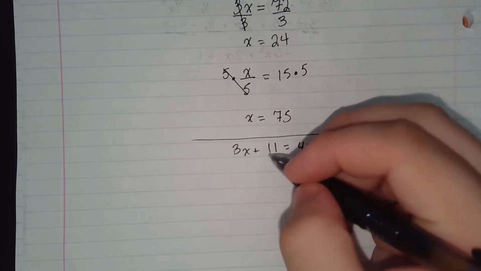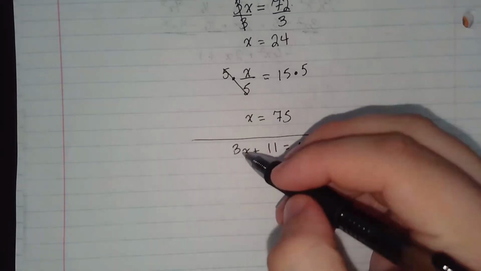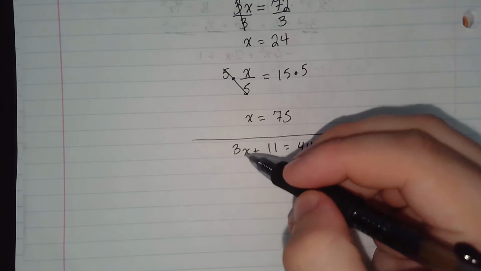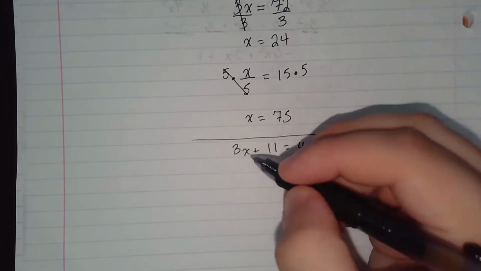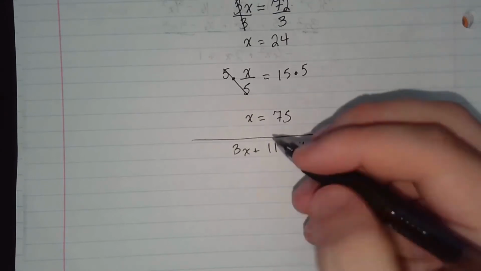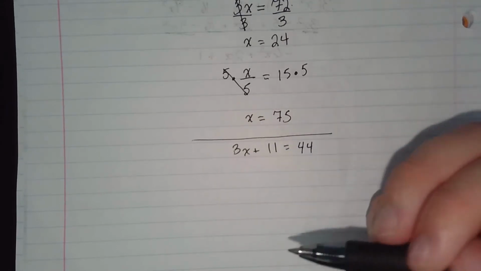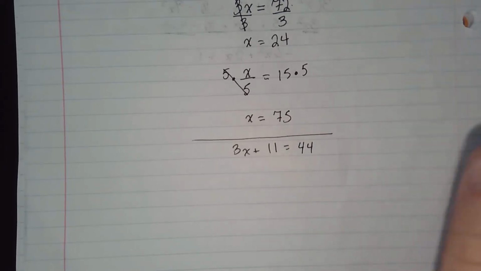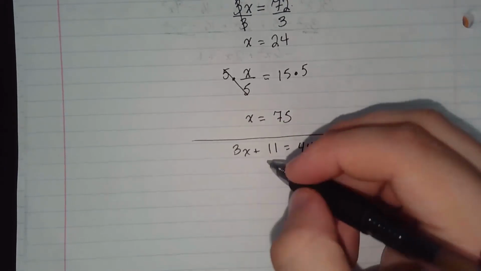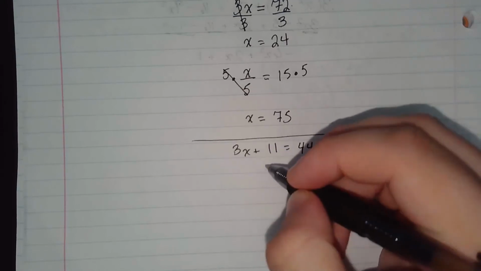So in this case we have 3x plus 11. The 3 is directly attached to the x, it's not a different term. It is just 3 times a number plus 11 is equal to 44. So we're going to want to work backwards. We're going to want to do our addition and subtraction first and deal with that, and then deal with our multiplication and division. So we have this plus 11 attached.